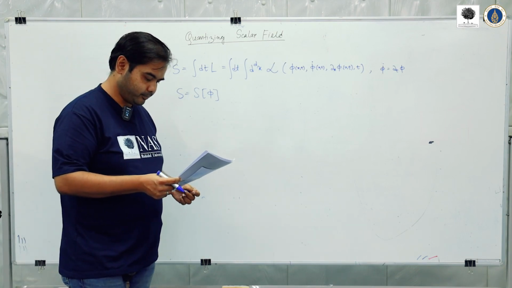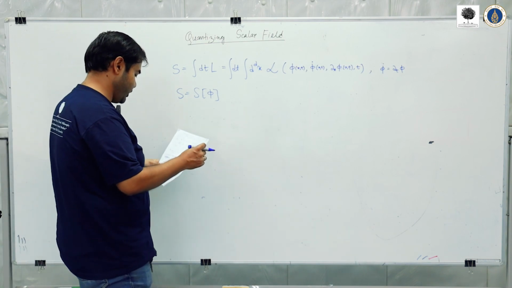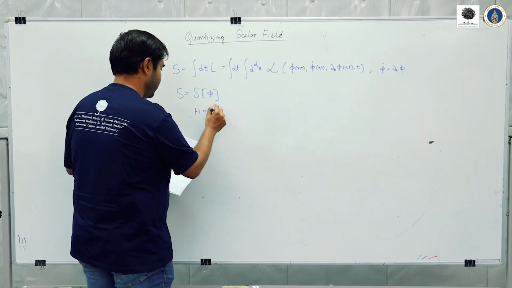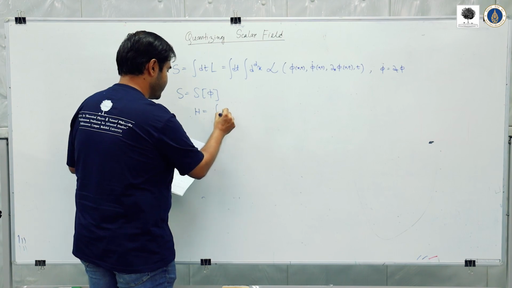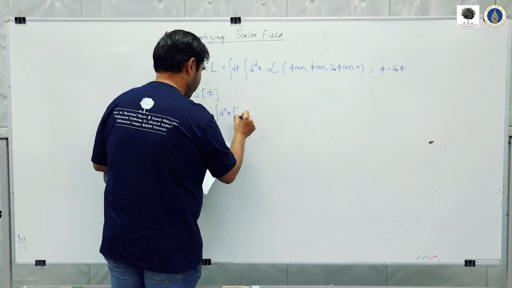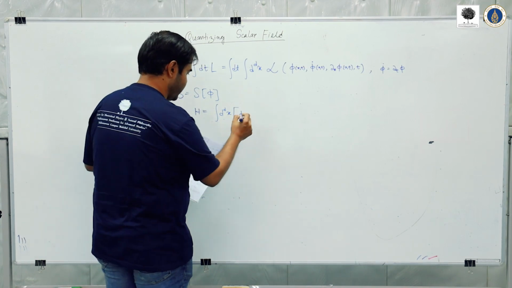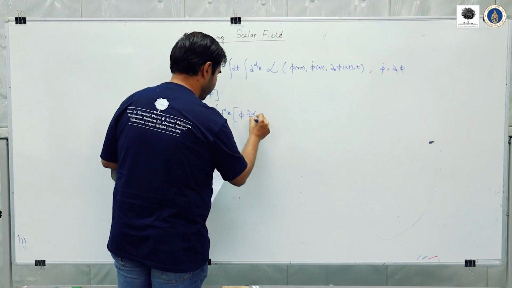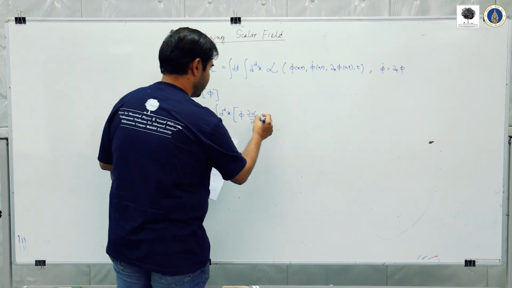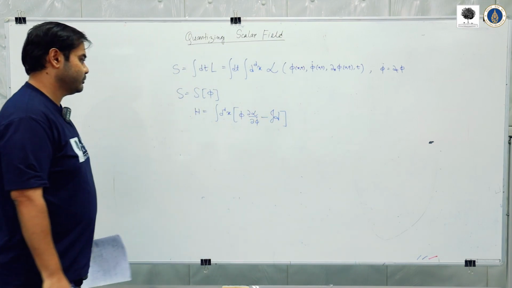Okay. So, now in this language you can now construct a Hamiltonian H through a functional Legendre transformation, which is phi dot times the momentum, and if you remember the definition of momentum, we write it like this.